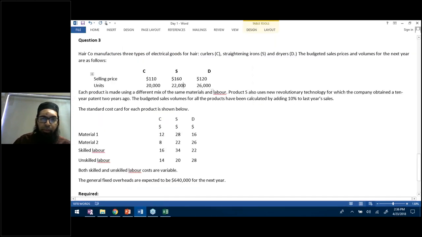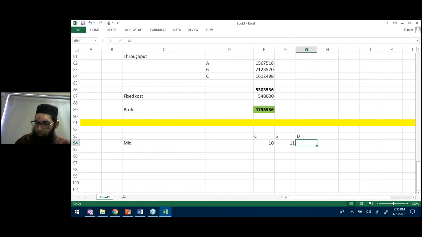And for D it will be 26,000 by 2000, so it will be 13. So this will be the mix. In the mix, I would have 10C, 11S and 13D. This should be the first step when you have to determine the weighted average CS ratio.